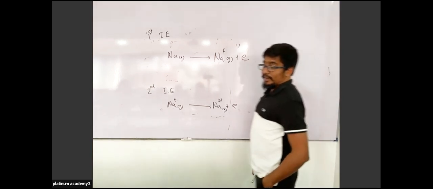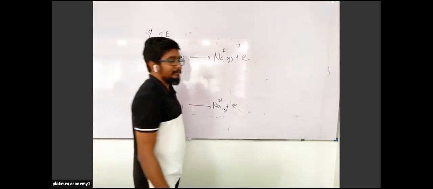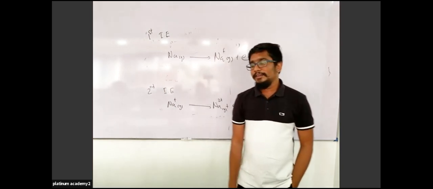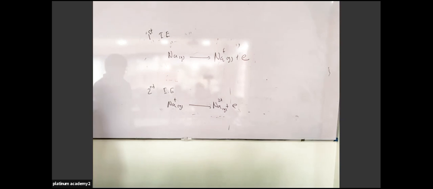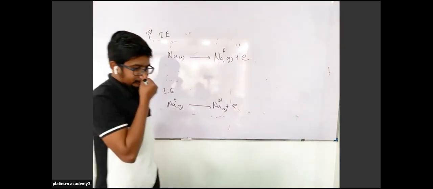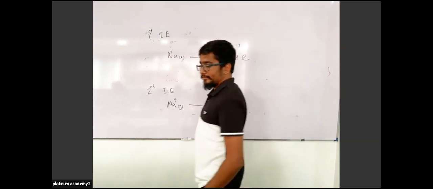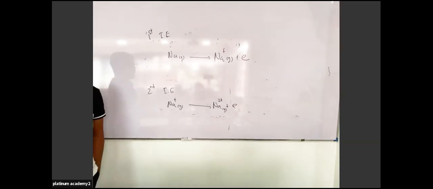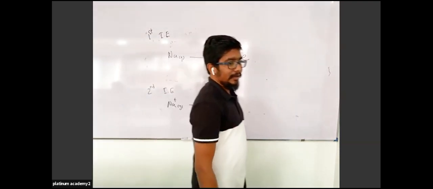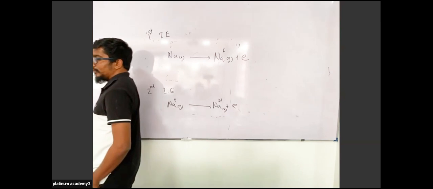Write down: it is the energy required to remove 1 mole of an electron from 1 mole of gaseous atom to form 1 mole of unipositive gaseous ion. Unipositive means plus 1.